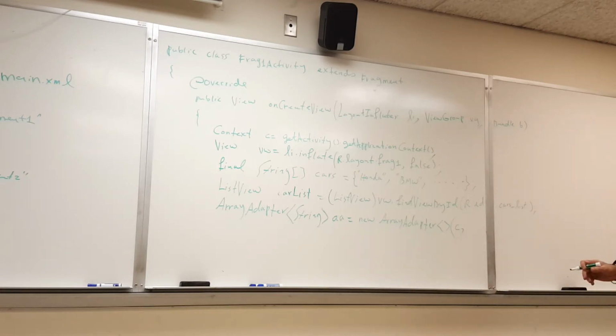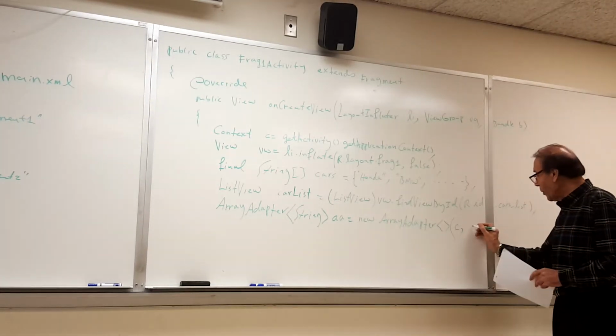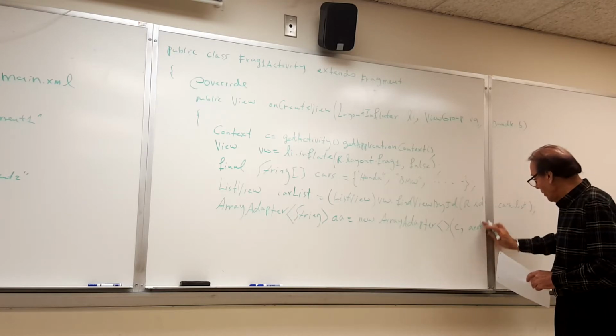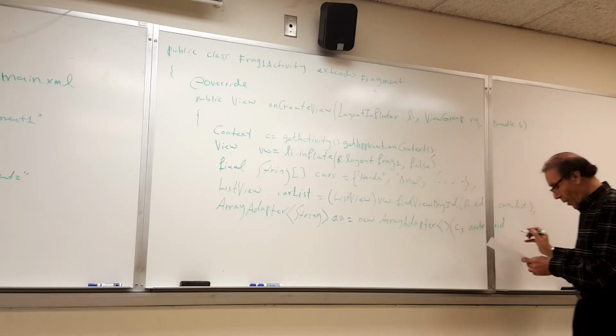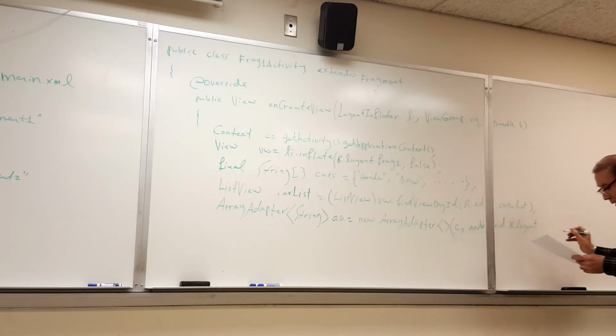The second argument, I'm going to write it down and you can guess what it is: android.R.layout.simple_list_item_1. Then a comma, and the name of our array, which we called cars.